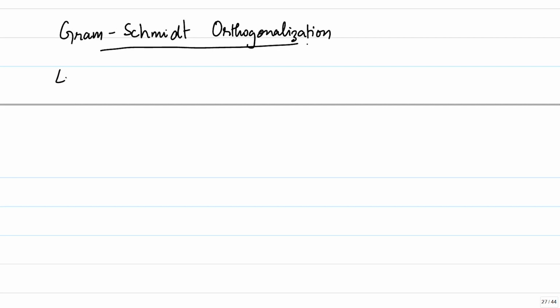Gram-Schmidt orthogonalization. Okay, so let V be an inner product space. So let me write it because that's the formal statement.